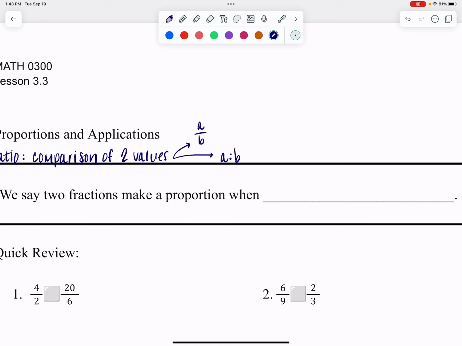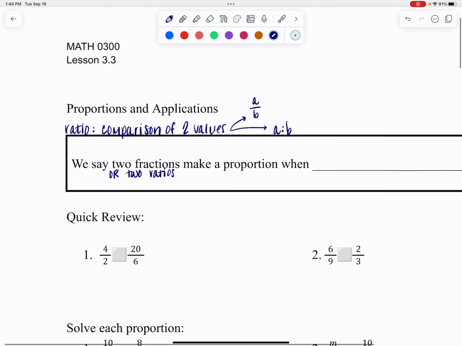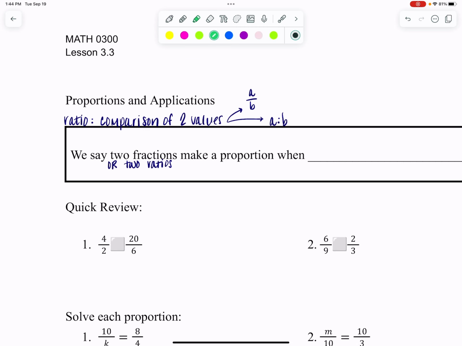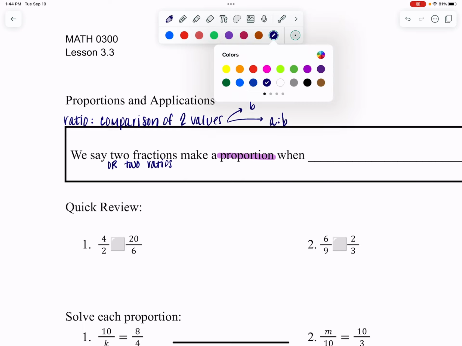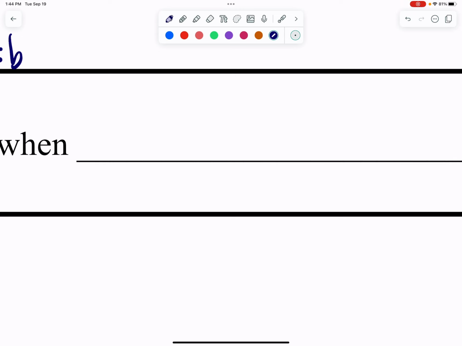And we say that two fractions, or two ratios, make a proportion. That may be a new word for you. We say they make a proportion when they are equal.